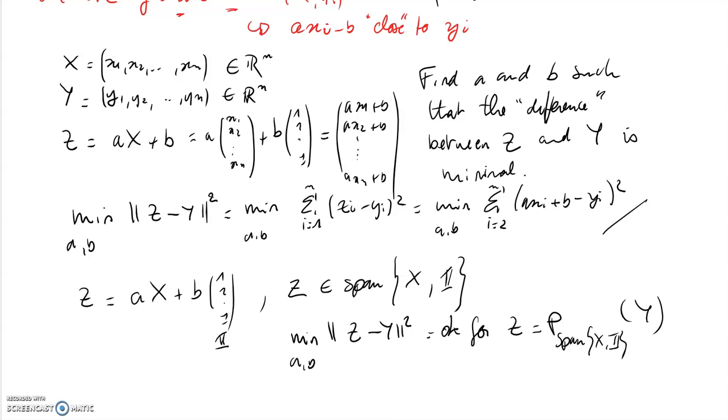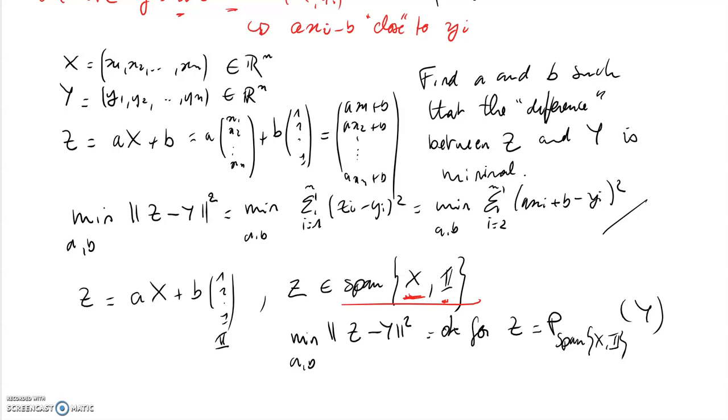We're looking for the smallest norm, which is the distance between y and the space spanned by the vector that contains only ones and the vector that contains our observations xi.